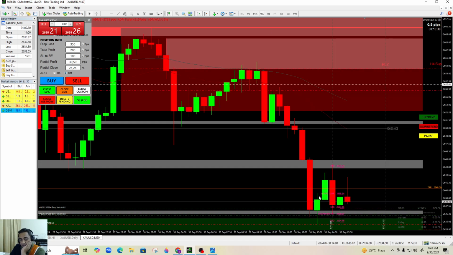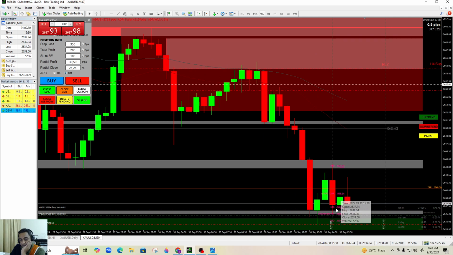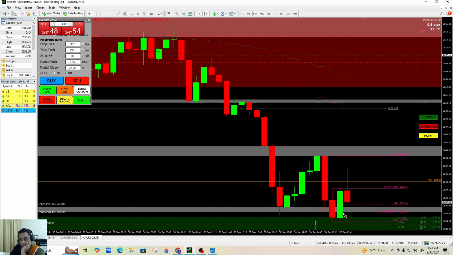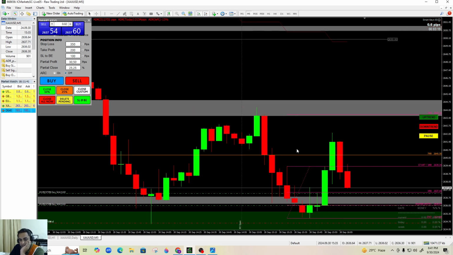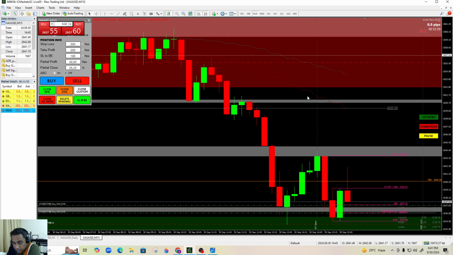Now the M30 candle has rejected that area. It's respected this low and rejected that area. So, and we have an M15 candle there. We have an M5 candle with no bottom wick. So price is going to come down here. The M15 closed above this.